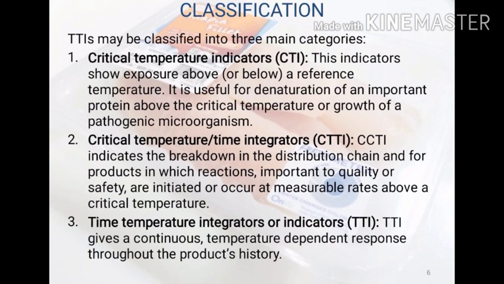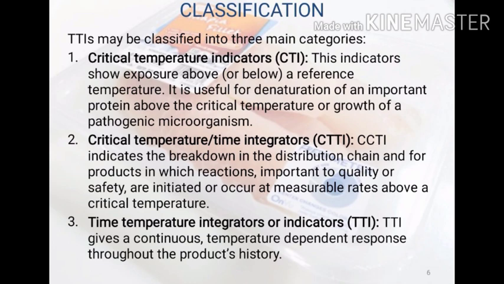The first one is critical temperature indicators. These critical temperature indicators show exposure above or below a reference temperature. They involve a time element that is usually short, that is a few minutes up to a few hours, but they are not intended to show history of exposures above critical temperatures.